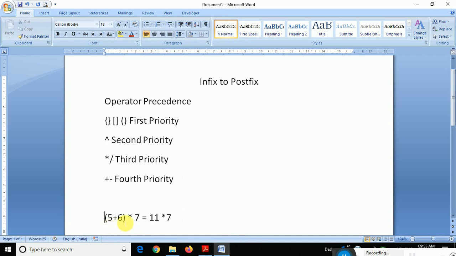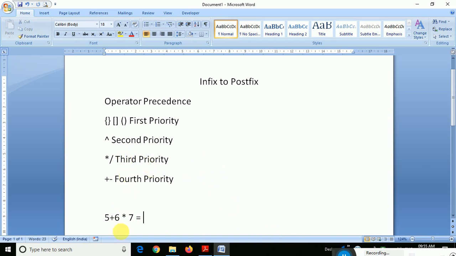This is the highest priority, that is the bracket, then we are doing plus. We are adding this and then multiplying with 7.